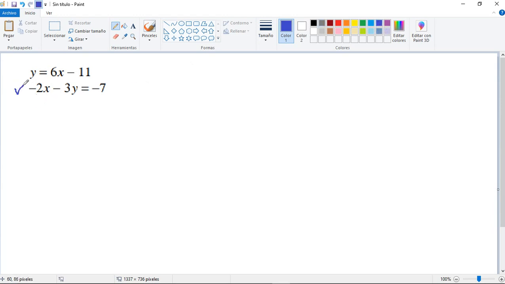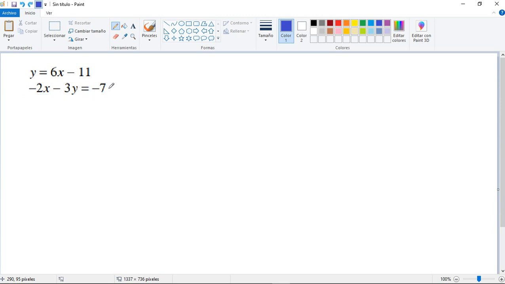This right here is the order that we need. This is not the order we need. The first term has to have the variable x. The second term has to have the variable y, and then equals, and then a result, like a constant. That is the correct order.